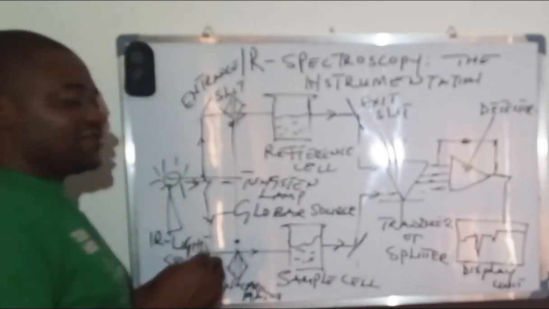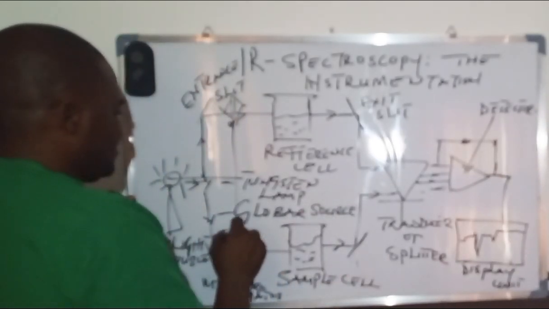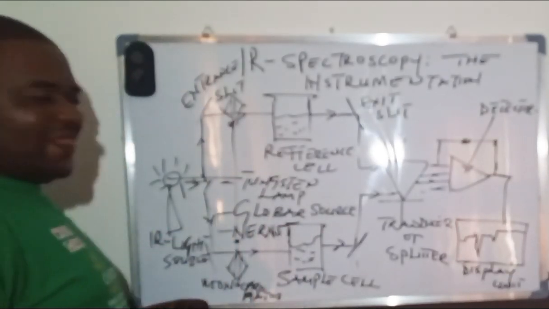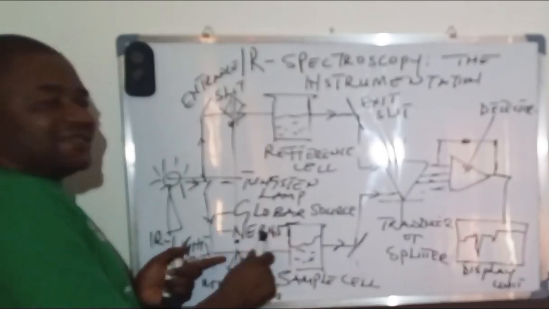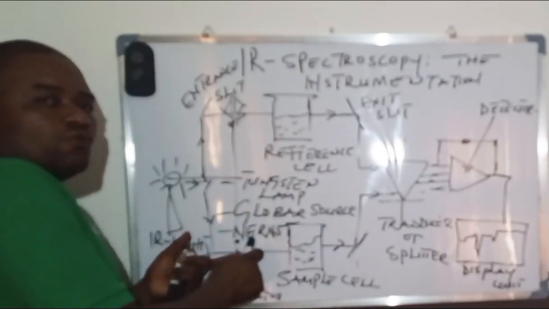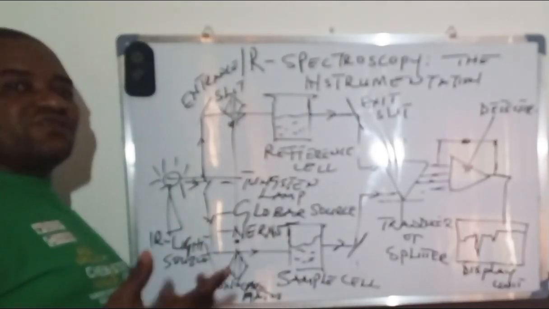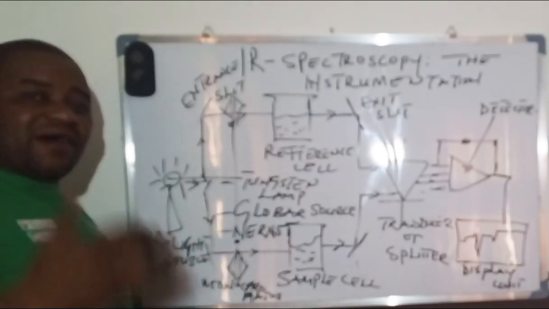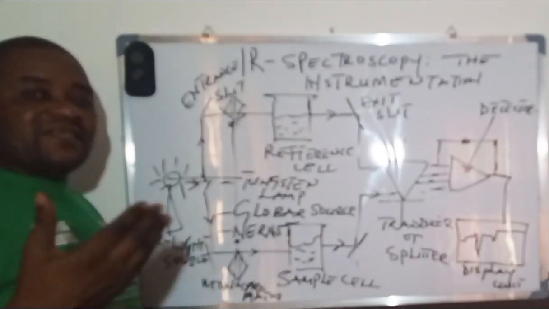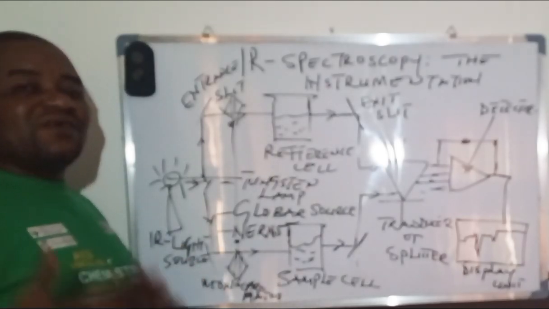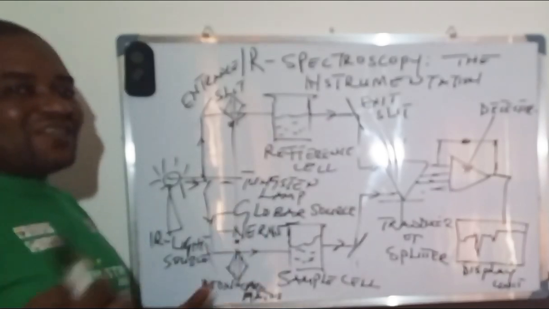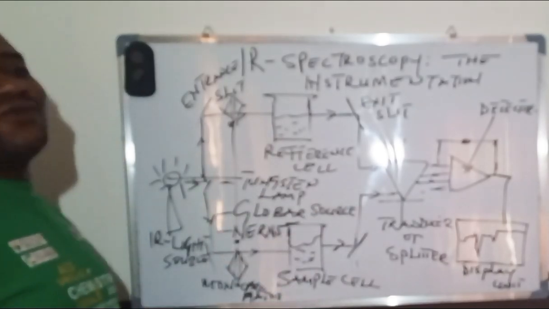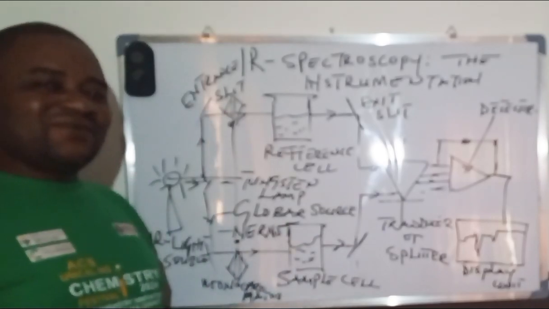Okay, there's a globar light source you can use, or you can even use the Nernst glower. Because the globar source and the Nernst glower are the two lighting sources that can be used to generate IR radiations at the mid IR, where of course is the frequent source of radiation for the IR experiment. So, but just for your information, tungsten lamps, globar source, Nernst glowers are used for the IR spectroscopy.